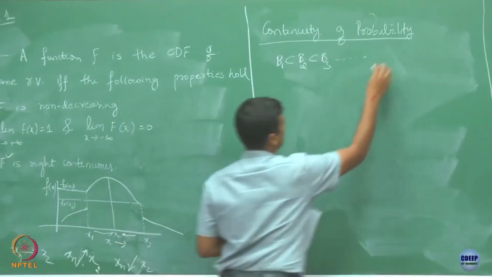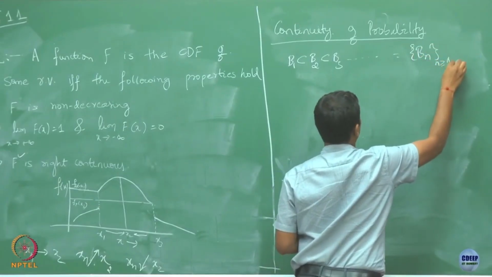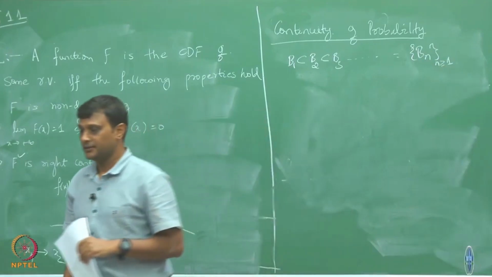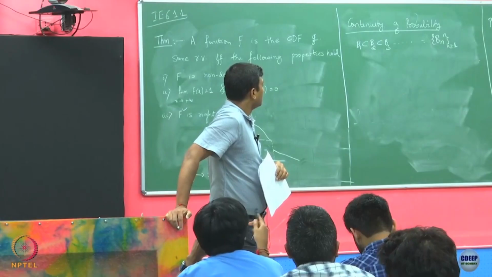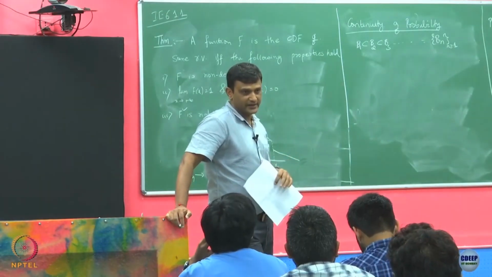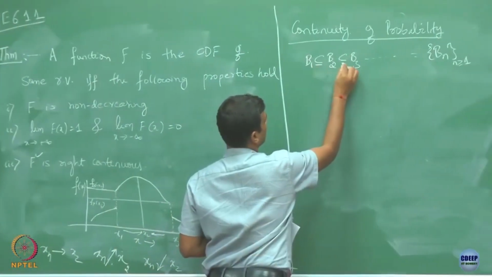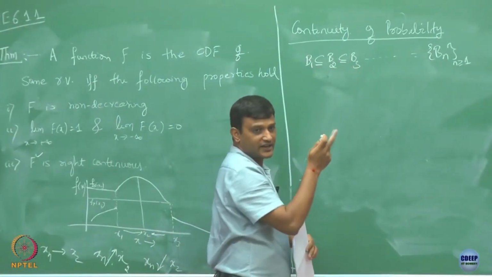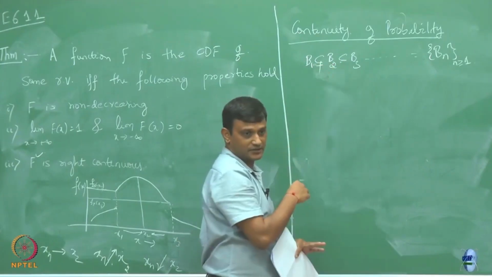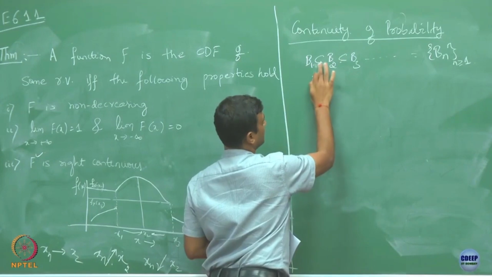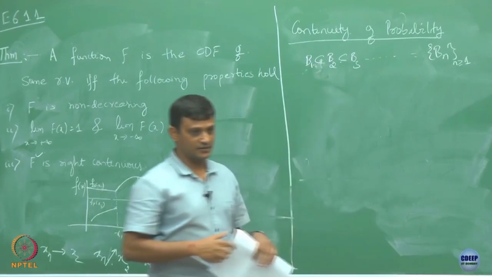So I have this sequence of Bn's. It could be included; when it is included, I'm not going to write it specially. When it is not included, then I'm going to write it like this. If I just write it like this, that means B2 could be the same as B1.